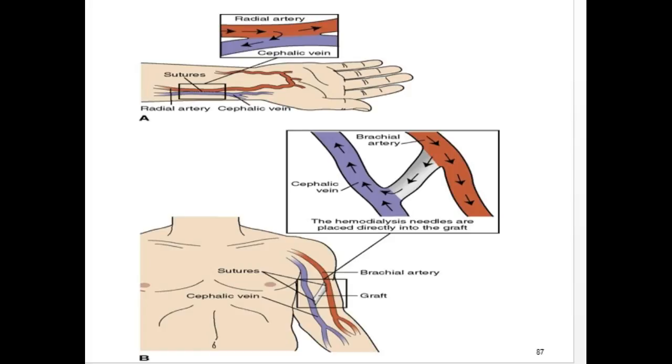In this picture you see examples of the arteriovenous fistula and the arteriovenous graft. Basically what it does is it connects the artery with the vein. The blood bypasses from the artery through the graft or through the fistula and then goes into the venous system.